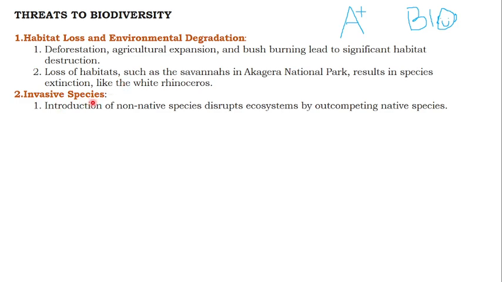Another threat is the invasion of invasive species. Invasive species are non-native, non-local species, those which come from another place. The introduction of non-native species disrupts the ecosystem by outcompeting native species. Suppose that in a given place we have plants.